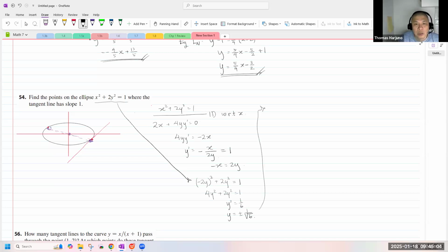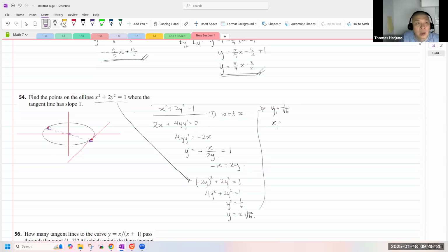So let me continue here. When y equals 1 over square root of 6, the x will be what? I will use this one here. I'm sorry, x equals negative 2y.